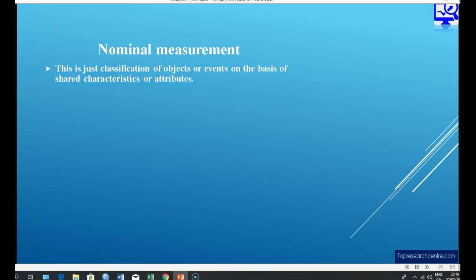So it's just classification of events or objects on the basis of shared characteristics. You are designating or assigning numerals to subgroups which you have created.